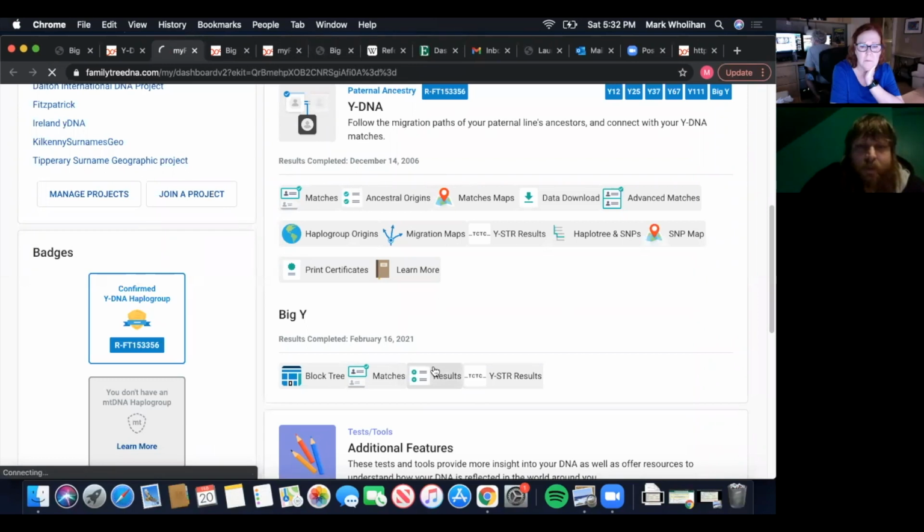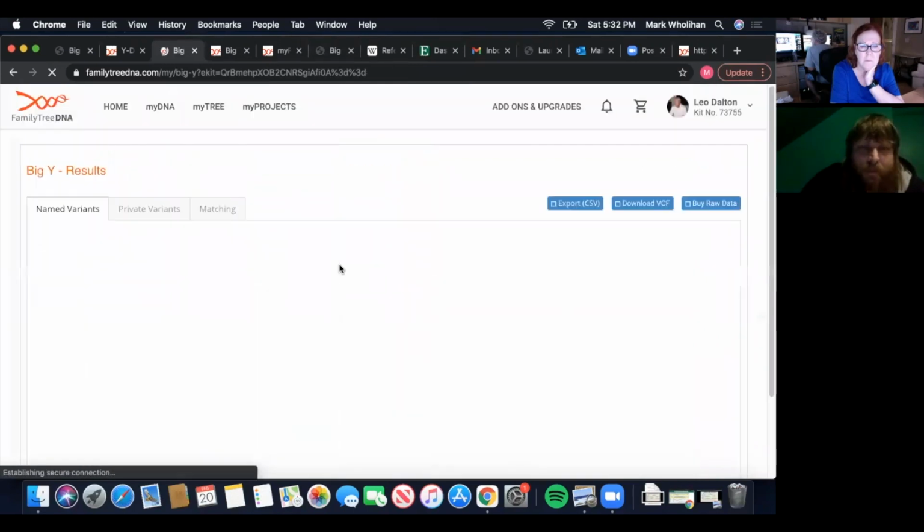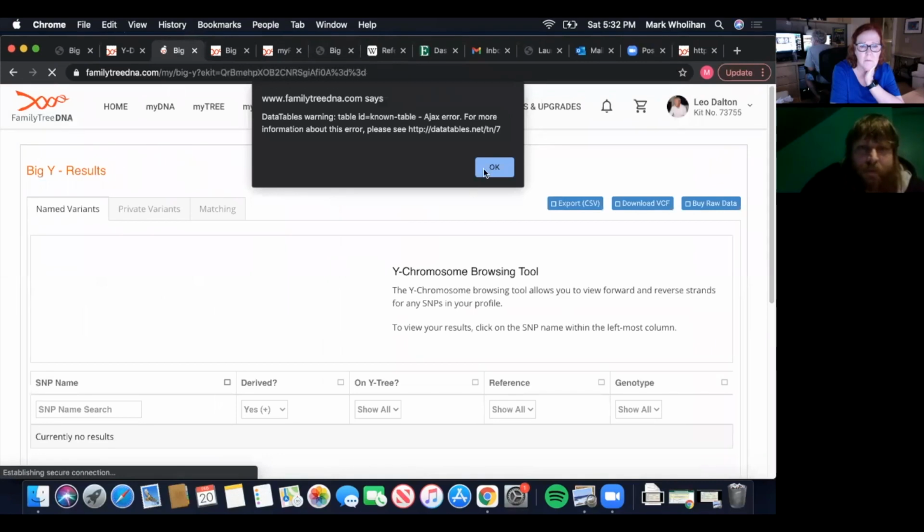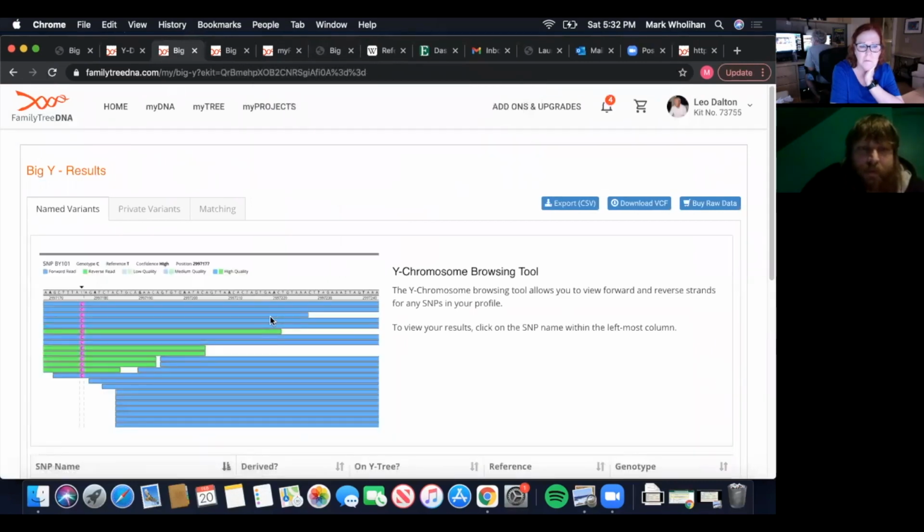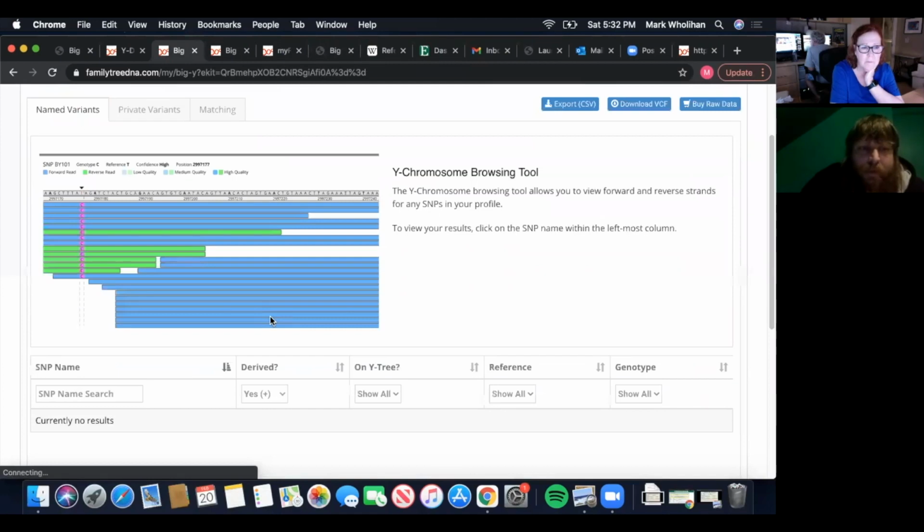If you look at your dad's results tab, you get named variants, private variants, and matching variants.